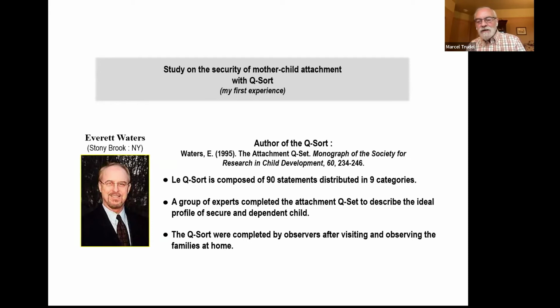A group of experts developed an ideal profile of a secure and a dependent child from the filled-out questionnaire. Over 10 experts completed the Q set, describing whether the child was secure or dependent.